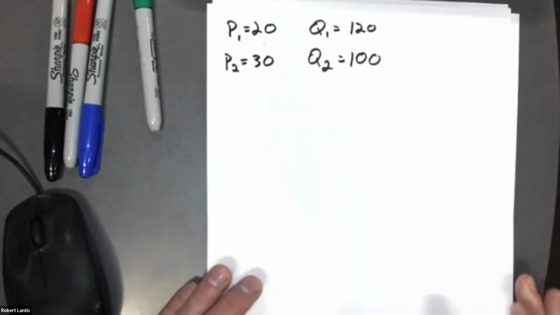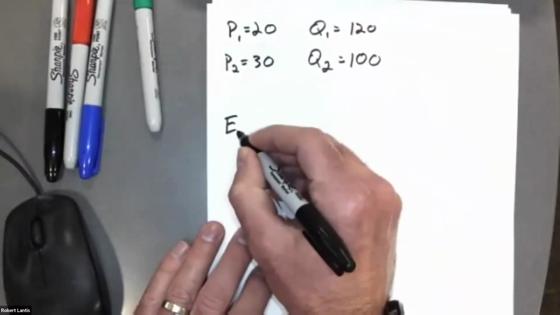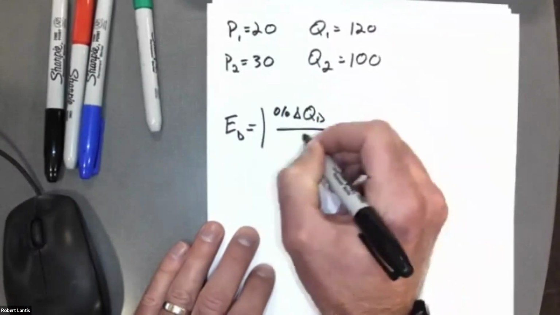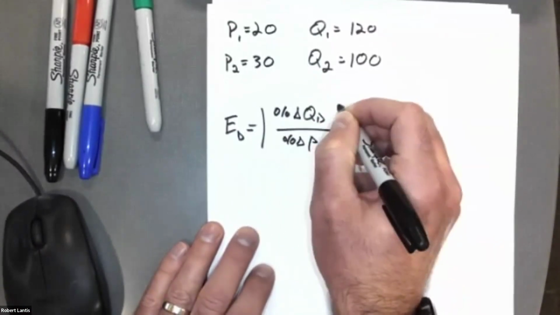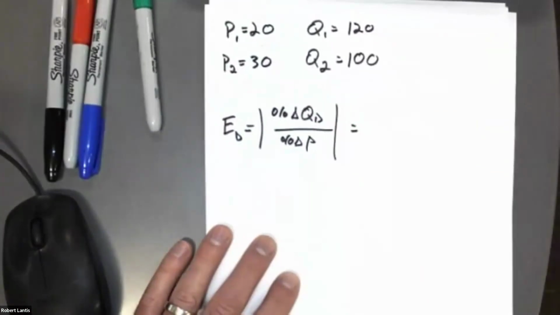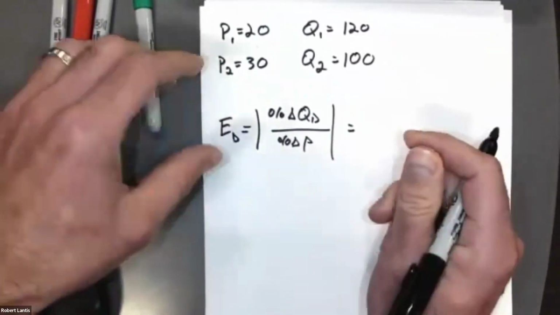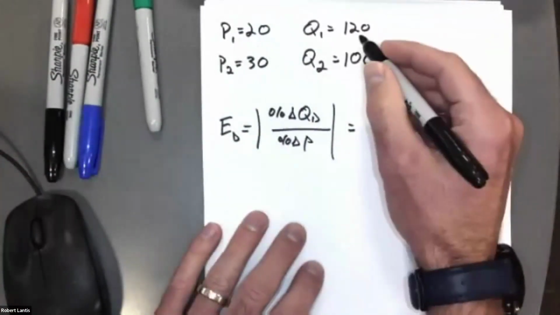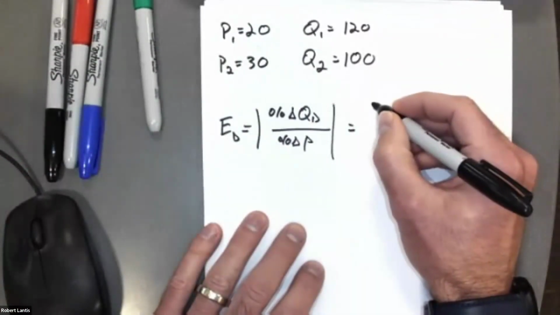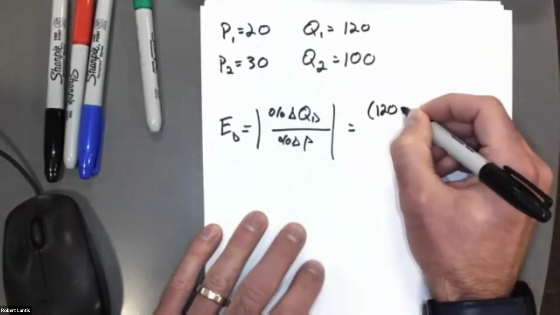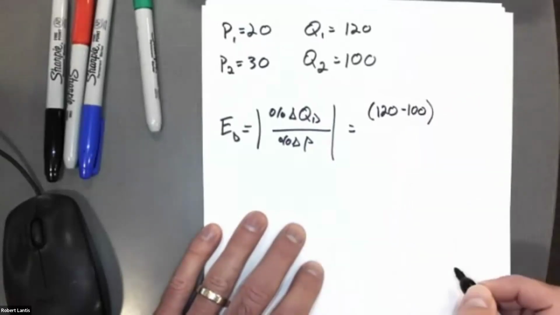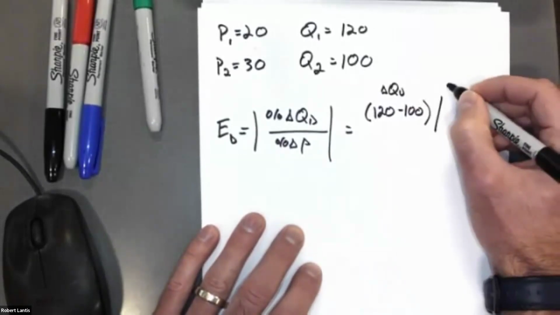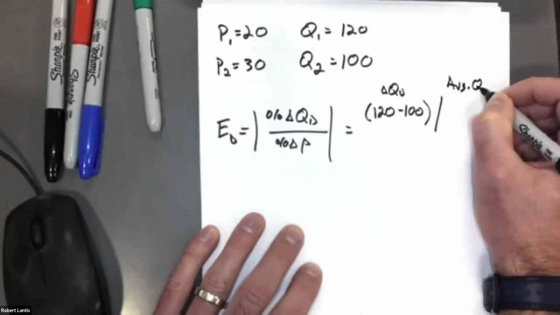So if we wanted to calculate our elasticity of demand, we said previously it was the percent change in our quantity demanded over our percentage change in price. How do we calculate percent changes? Well, that was taking the difference and dividing it by the average of those two numbers. So for quantity, we would take that change in our quantity demanded and divide that by our average.